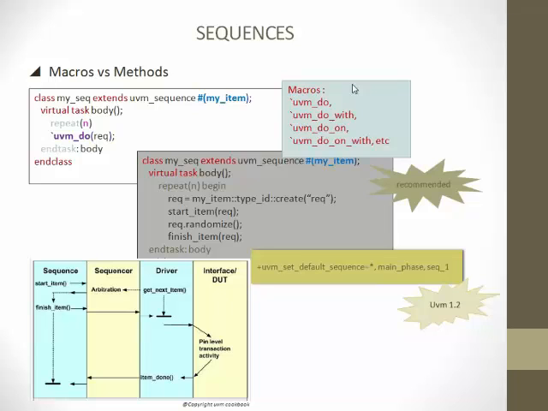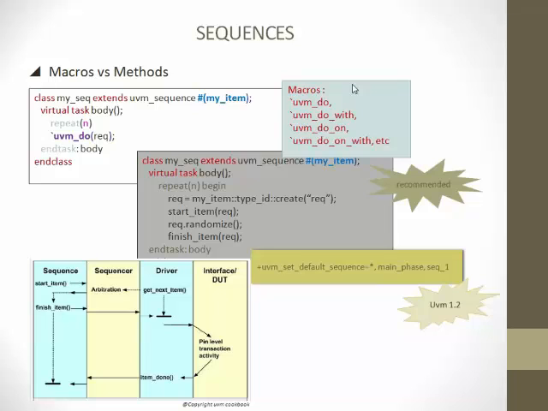Coming to this approach, I feel this is much simpler and easier for debugging purposes. You know what you're doing. You just add start item, randomize, and finish item. In this case, if something goes wrong, there are only three steps, and it becomes very easy for you to debug.